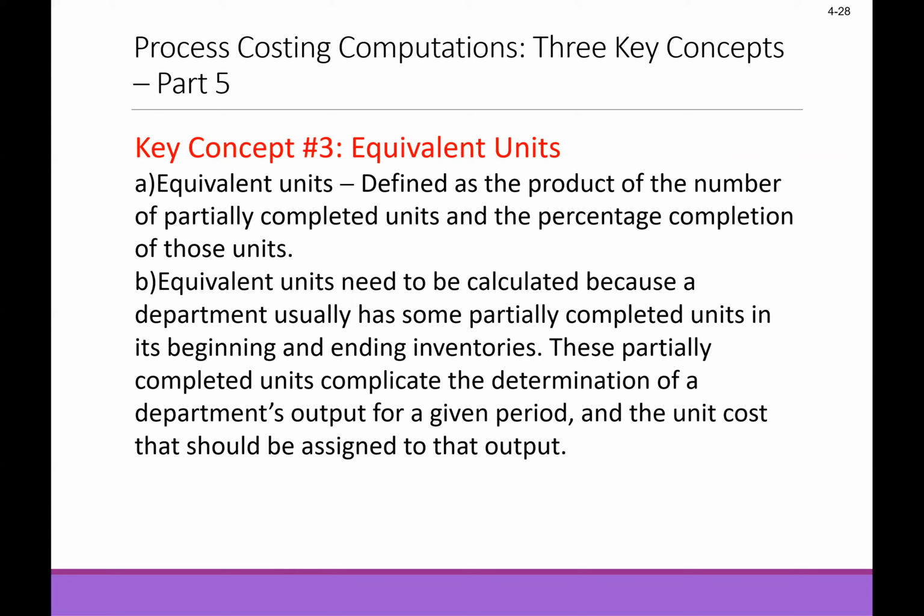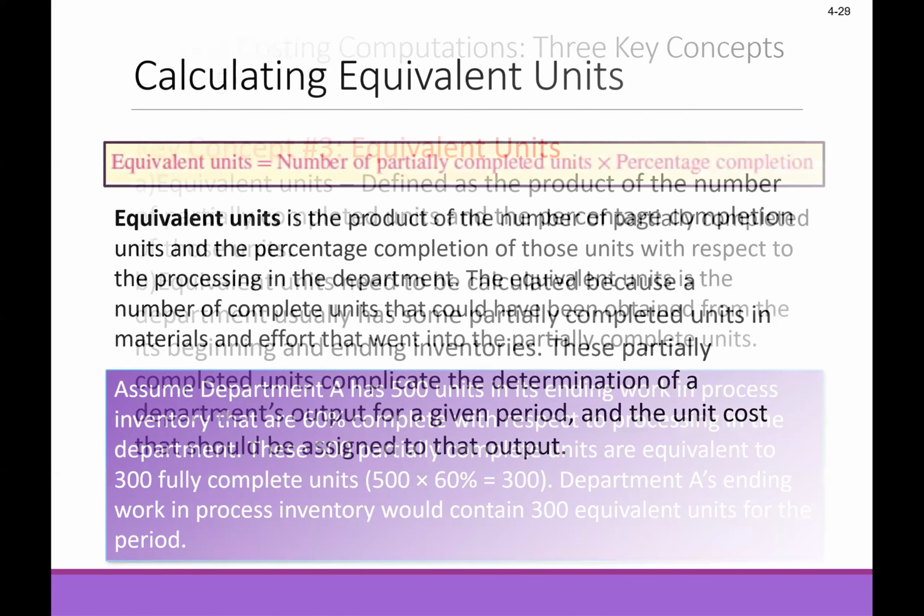These partially completed units make it more challenging in figuring out what the department really put out for a certain period. So that's why we're going to take these unit costs to be assigned to those equivalent units.